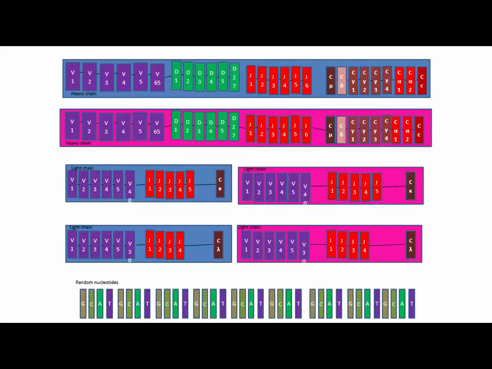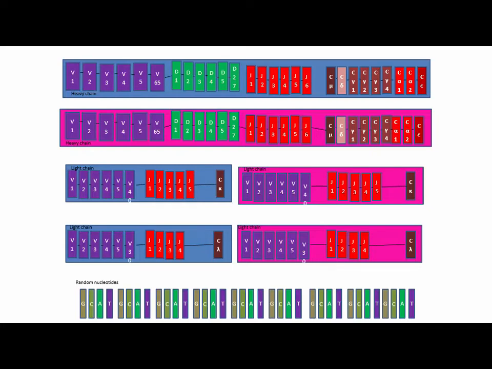Now, in terms of those two genes, I need you to appreciate this, okay? For the heavy chain, everybody has two copies. One from your mother and one from your father, like any gene. Okay? Now, for the light chain, we have two types of light chain gene. One is kappa and one is lambda.